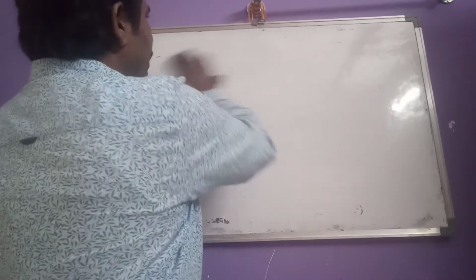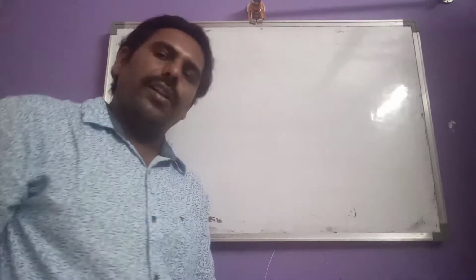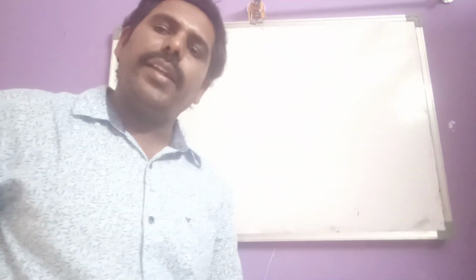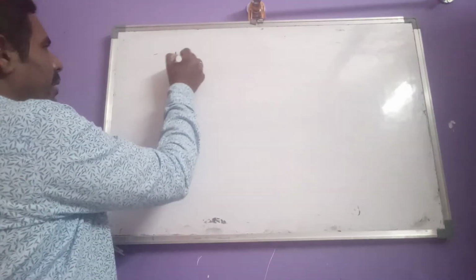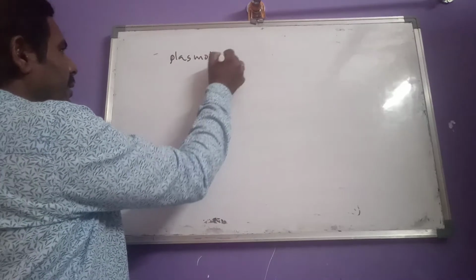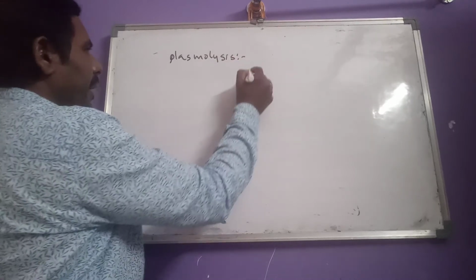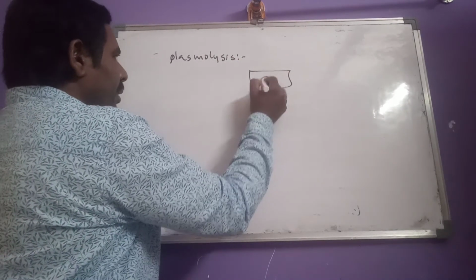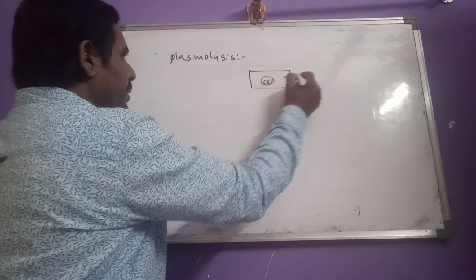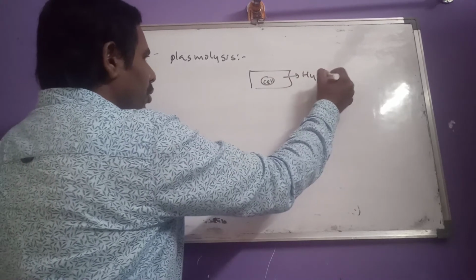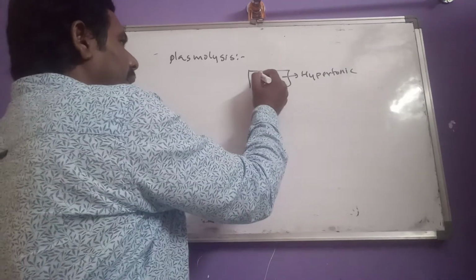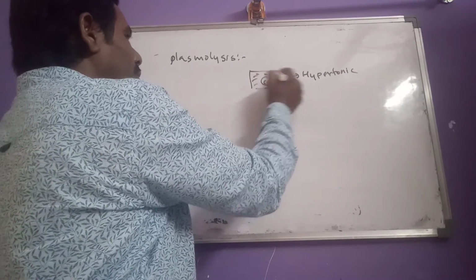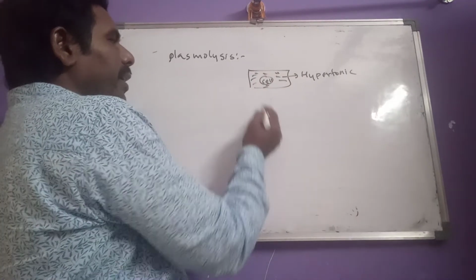Okay, then after this another one is also there, plasmolysis and hemolysis. So let us see what is plasmolysis. Plasmolysis means, when a cell is placed in hypertonic solution, what happens here?